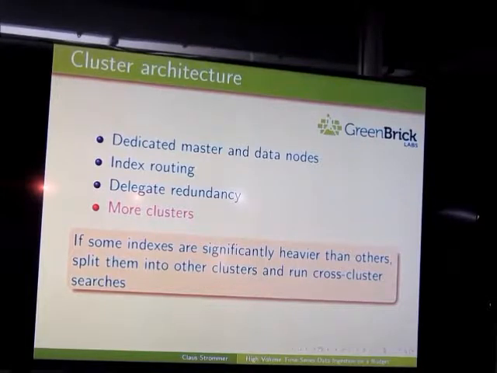And lastly, you can start looking at more clusters. Going back to my initial scenario, it turns out that what I was writing in from Packetbeat was about 90% of the volume of my ingest.